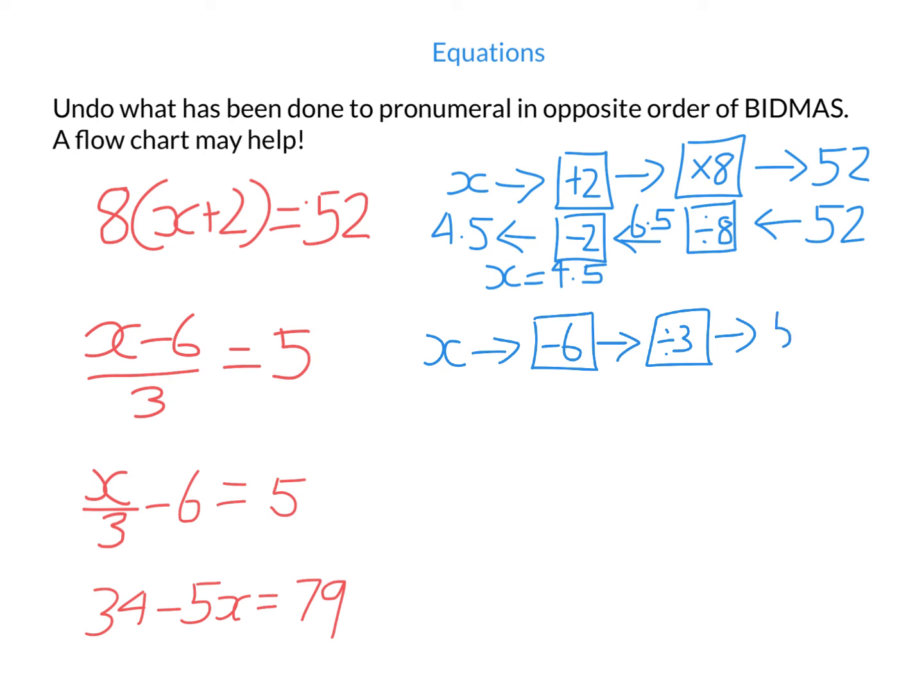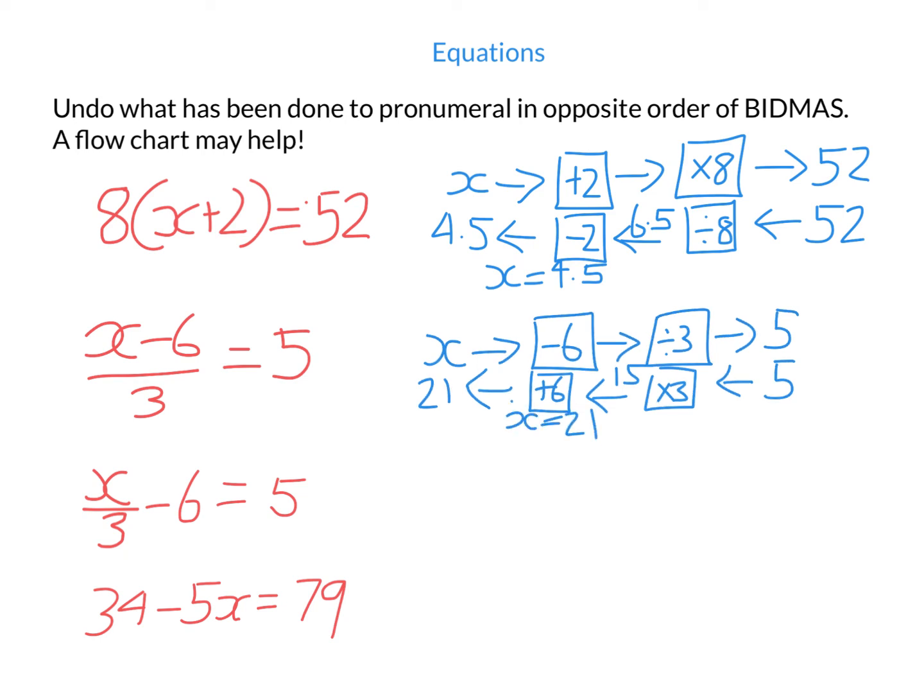So when we're solving it, we start at 5. Instead of dividing by 3, we're going to times by 3. So 5 times 3 is just 15. And instead of subtracting 6, we're going to add 6. So 15 plus 6 is 21. The solution here is x equals 21.